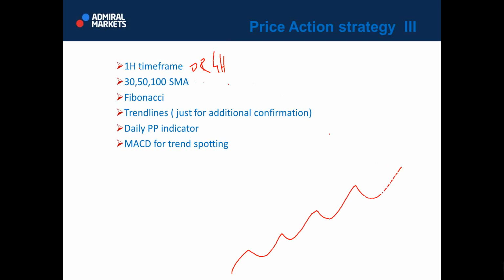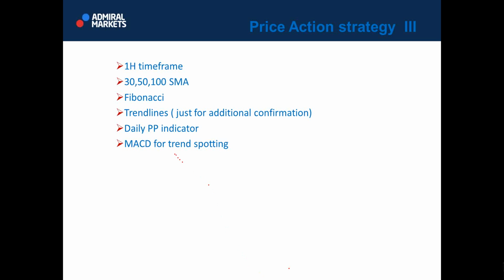You will see why later. So it can be traded on the 1 hour or 4 hour time frame, and you need to have a strong trend. This is primarily a trend trading method. You cannot take counter trend trades with this, and you cannot take scalps with this method.